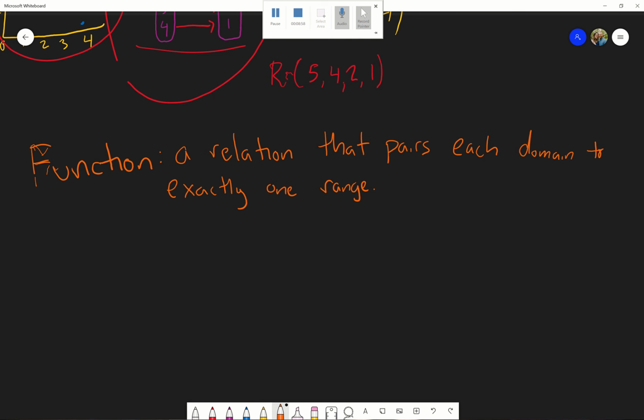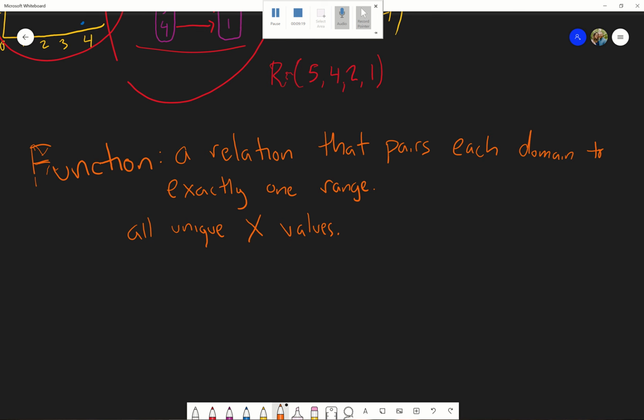And so what that means is a function is all unique x values. And these are certain types of graph. This is going to be what we deal with most of the time. This year is going to be functions.